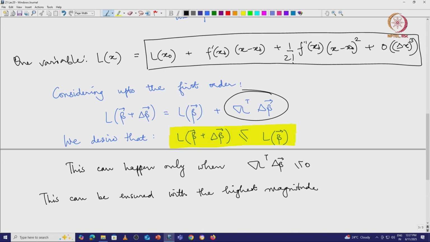Remember, we not only want the loss function to reduce, but we want it to reduce in the largest possible quantity.